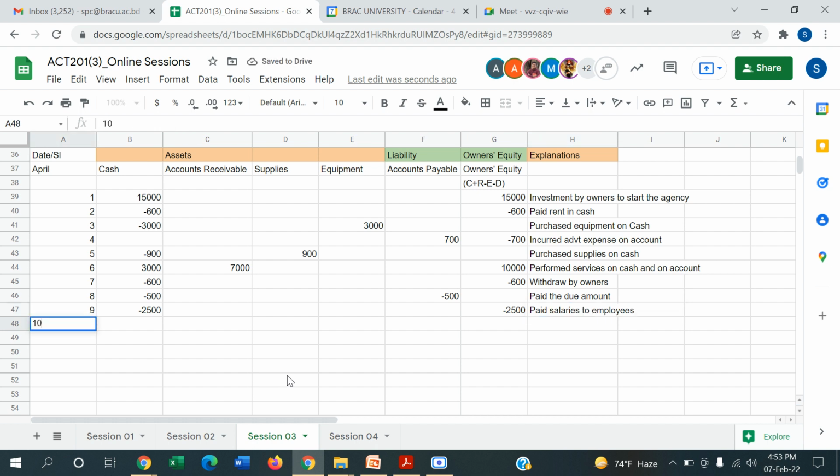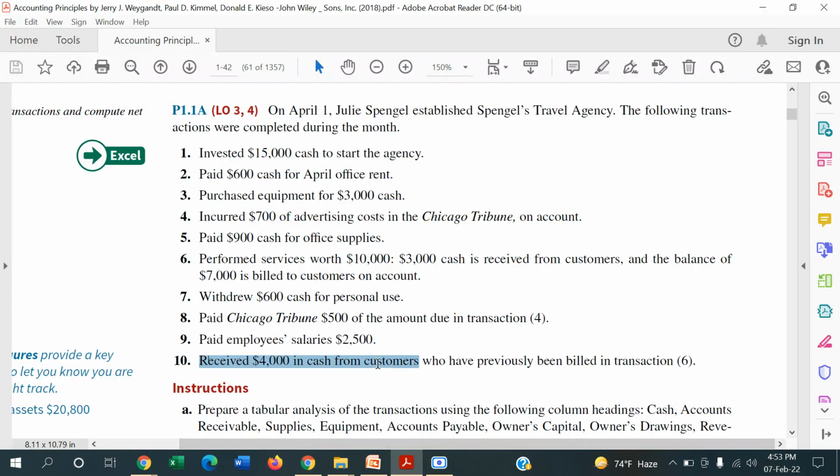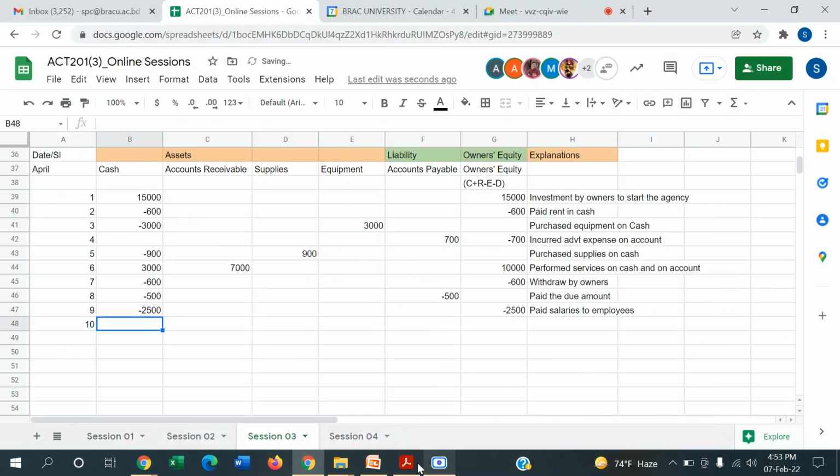And the last one. Receive 4,000 in cash from customers for the previous transaction of 6. Help me. Receive that amount in cash from the customers billed in transaction 6. Cash will be increased by 4,000 and accounts receivable will decrease by 4,000.